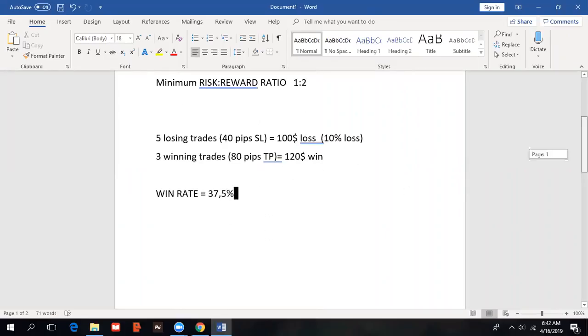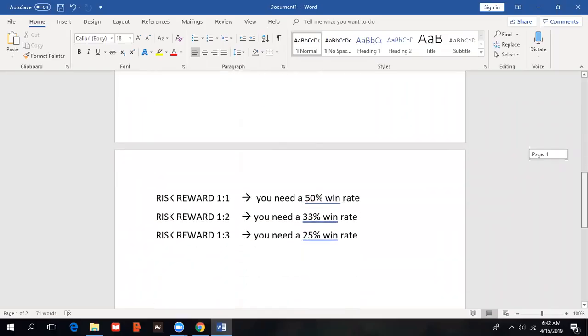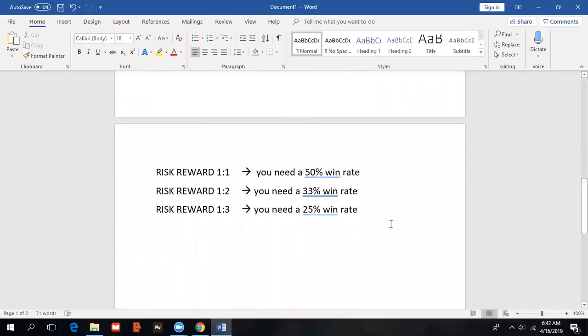And I will show you for each ratio what your win rate needs to be. So for example, if your ratio is 1 to 1, obviously you need to have a win rate of at least 50%. If it is 1 to 2, it's 33%.